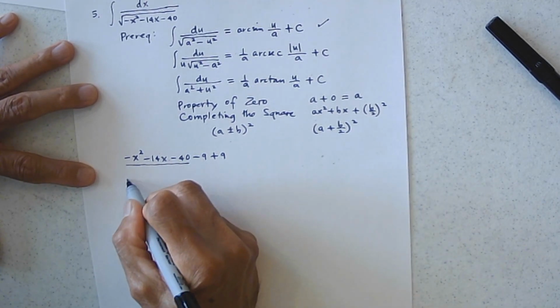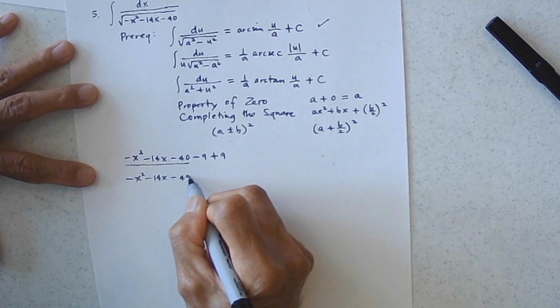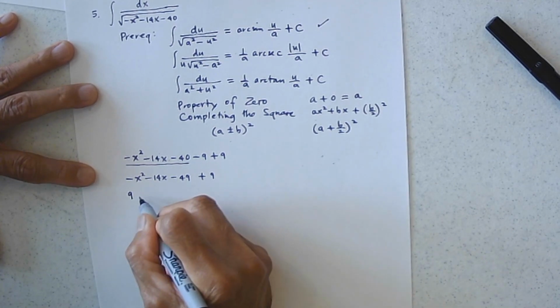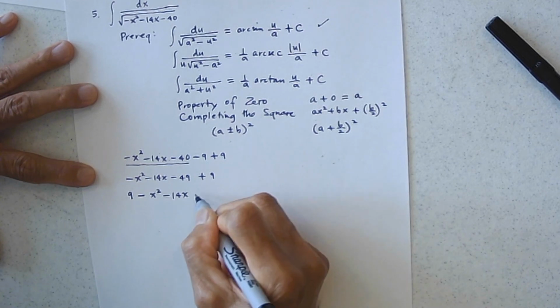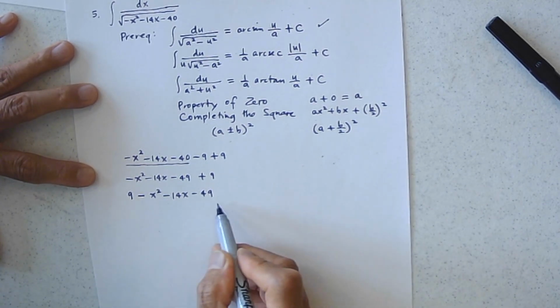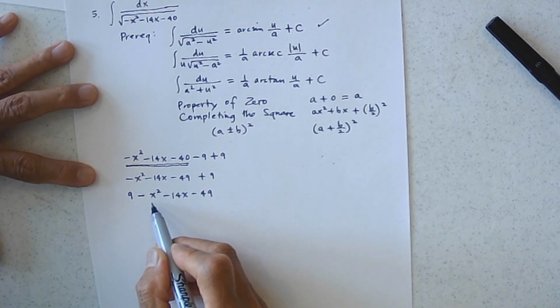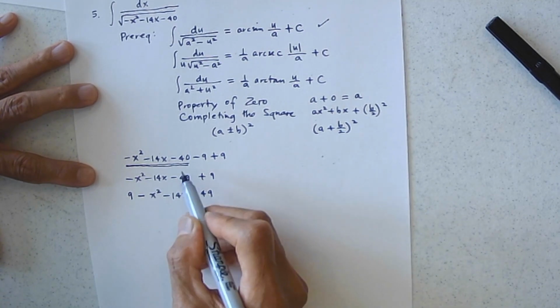Writing that now, I can say minus x squared minus 14x minus 49 plus 9, which I can rewrite as 9 minus x squared minus 14x minus 49. This should still be equal to the original trinomial, and we can verify: minus x squared minus 14x minus 49 plus 9 is minus 40.